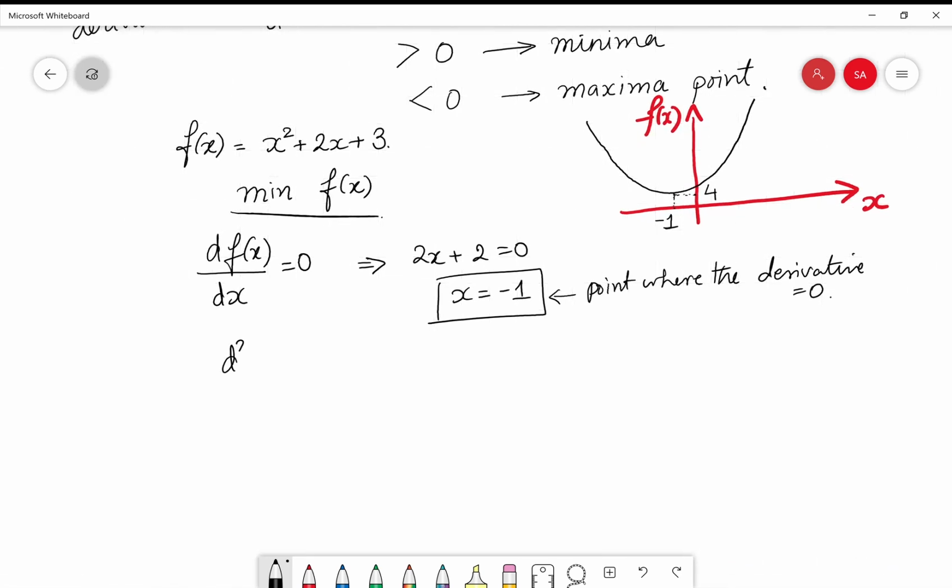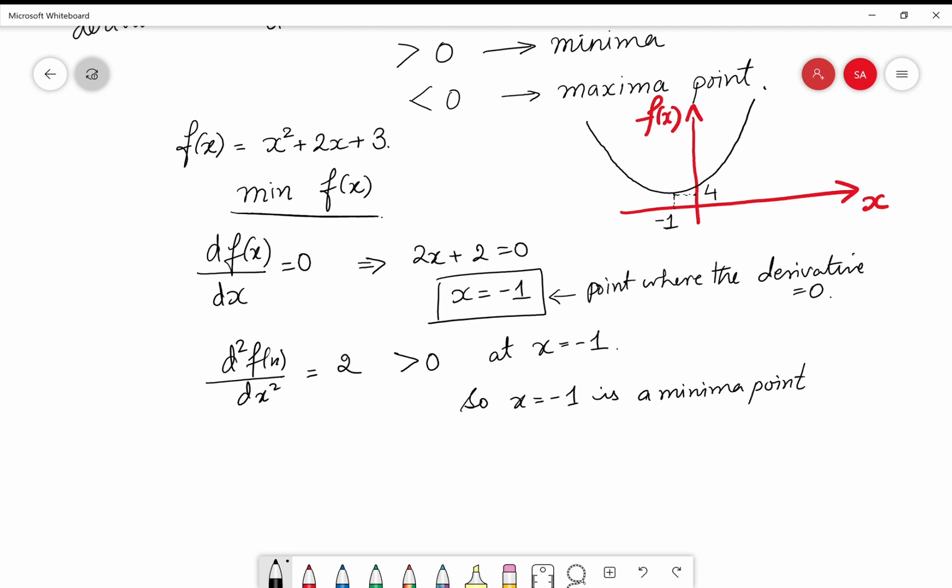So what I do is I take the double derivative of it with respect to x, and this is equal to 2. You can see this is greater than 0 at all values, or rather, at x is equal to -1. So x is equal to -1 is a minima point.